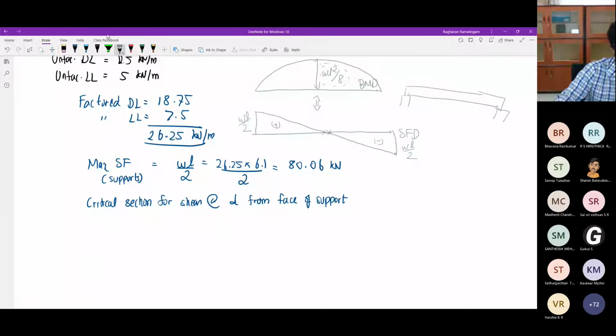The effective depth D is 410, or 0.41 meters. So from here I have to take a section which is at 0.41 meters. So this is where I have to take a particular section.